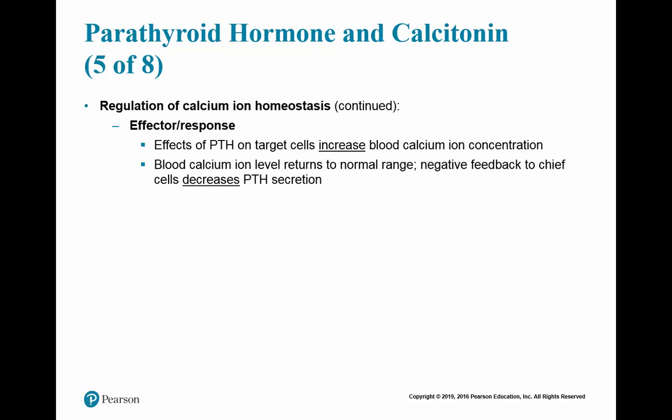That will have the effect on the target cells to increase your blood calcium ion concentration. And once the level returns to normal, then the negative feedback loop is going to shut down and you decrease your parathyroid hormone secretion.